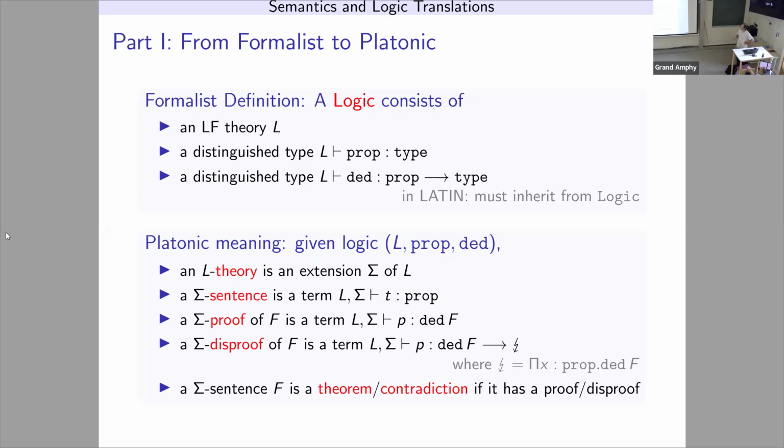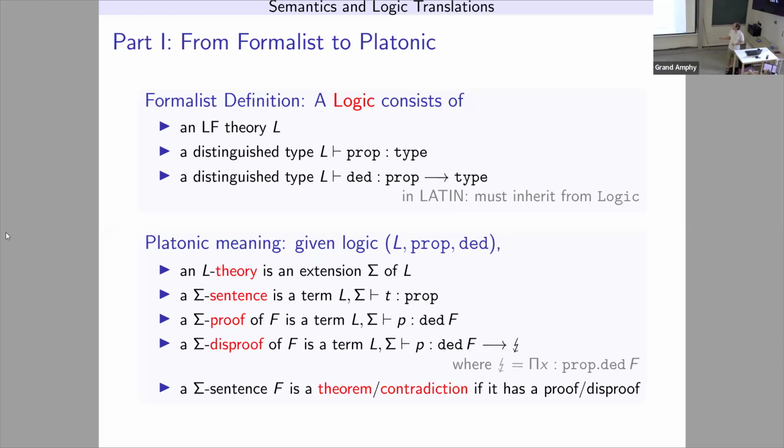Now we define the objects that come with logics. An L-theory is just an extension of L. So let's say L is first order logic. Then our sigma is a particular theory of first order logic. It declares a couple of function symbols, a couple of predicate symbols, a couple of axioms.